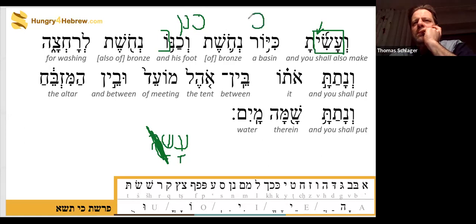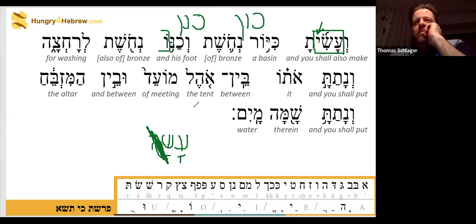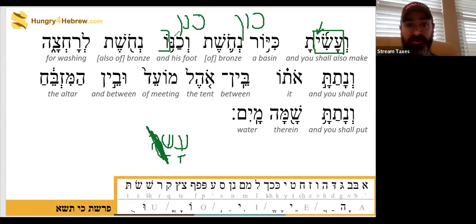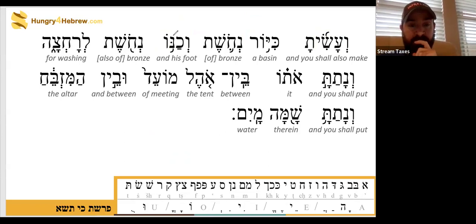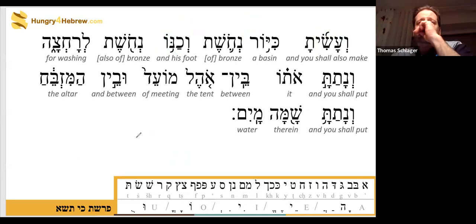Otherwise, it could come from the root kun, something established. But I'm pretty sure it's kanan. Maybe it's a derivative of kun, but I'd have to look it up. And that missing nun is in that strong dagesh right there. Exactly. You have a strong dagesh that says something's missing. It's probably going to be either a missing nun or a reduplicated letter, which in this case is one and the same.